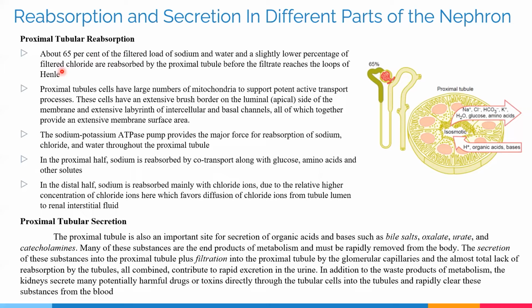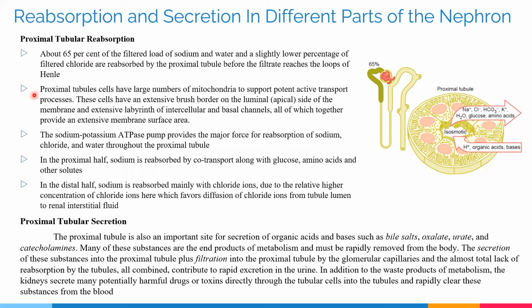65% of the filtered load of sodium and water and a slightly lower percentage of filtered chloride are reabsorbed in the proximal tubules before the filtrate even reaches the loops of Henle. So this is the proximal tubule that is highlighted here, and the transport of various ions and substances is shown in this diagram.